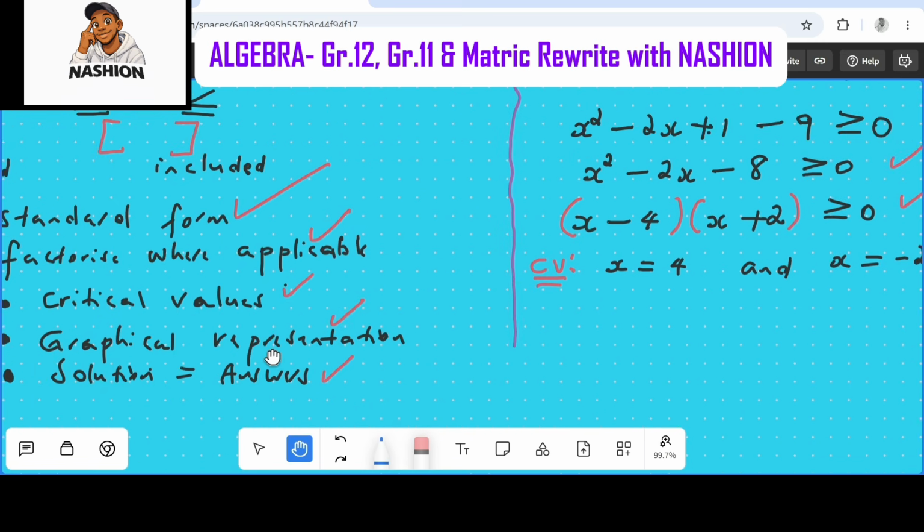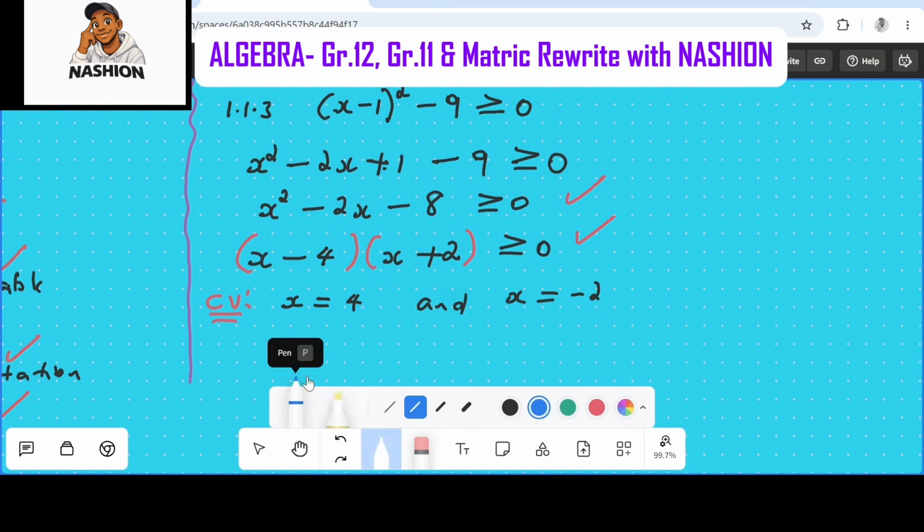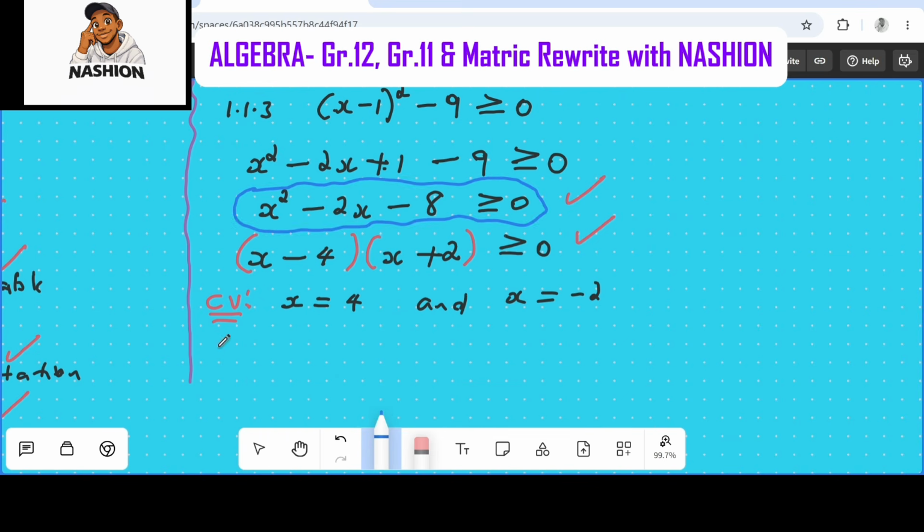Now graphical representation. It's either we use the number line or the graphical method. I'm going to go with the graphical method here because it's just straightforward, in my opinion. Now here guys, whenever we do the graphical method, we have to consider the standard form. In that standard form, we have positive x squared. In other words, a is a number which is greater than 0, in other words, it's positive.